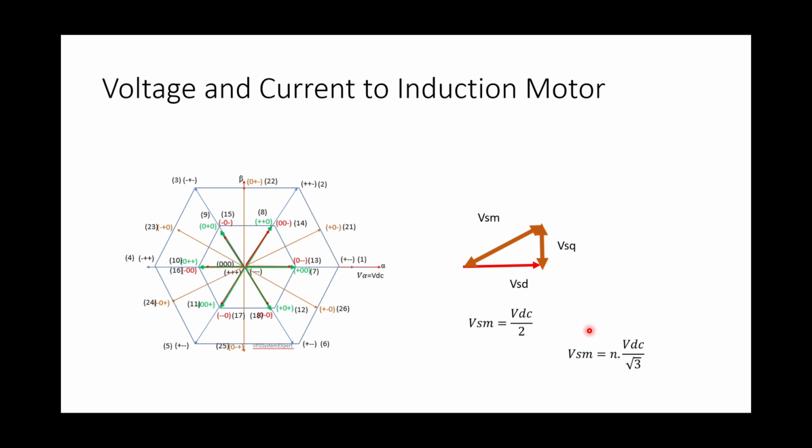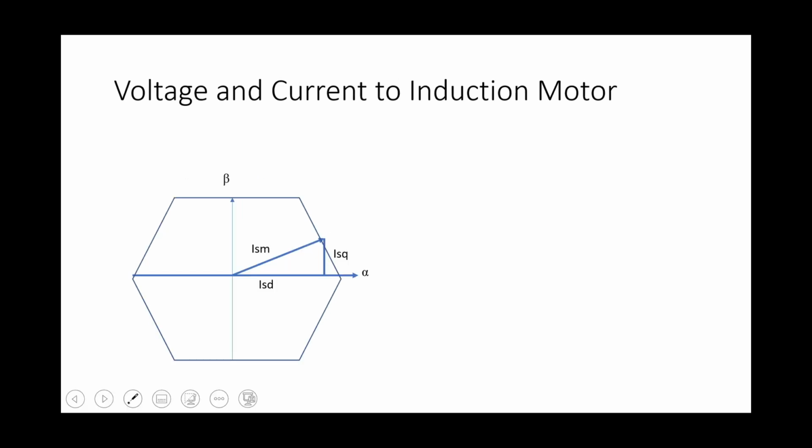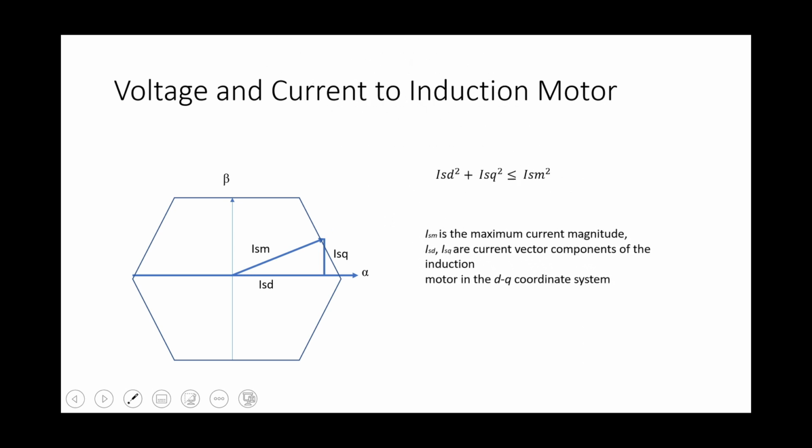That's how we derived it. And this is the voltage and current for the induction motor. ISM is the stator current, and basically we divide the stator current into 2 parts, D component and Q component. D component is nothing but the magnetization current, and Q component is what really produces the torque.